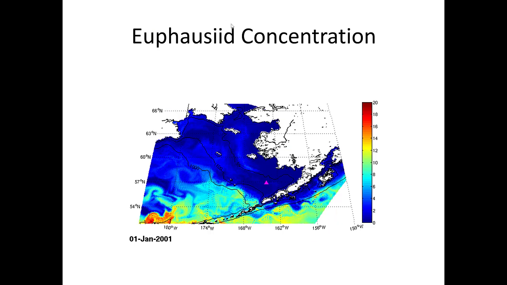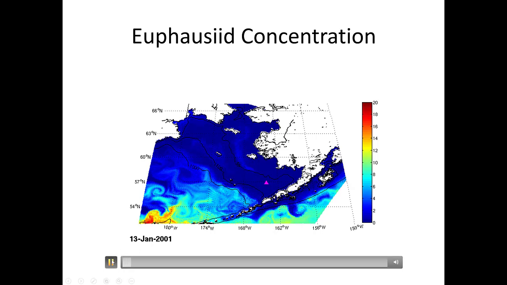So to give you an example of some output from an NPZ style model, I'm going to show you a quick movie. This is euphausiid concentration over a year in the Bering Sea. So let's see if we can get it going here.